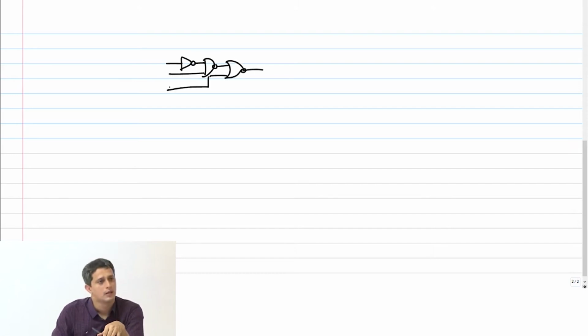Now the point is, if I have an arbitrary circuit like this, and let's say that this input is 0, and then this input is switching constantly. What will happen to this output? Yeah, it will be 1. The NAND gate output will be 1 if an input is 0.